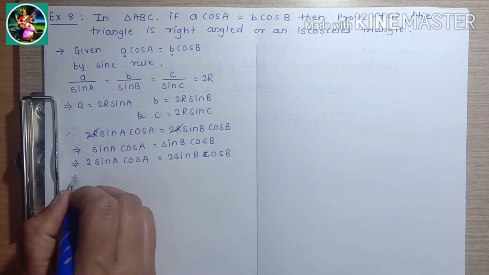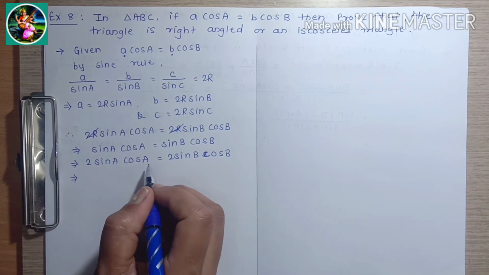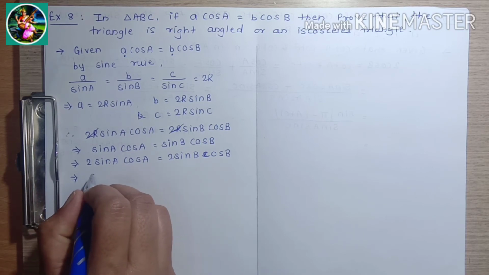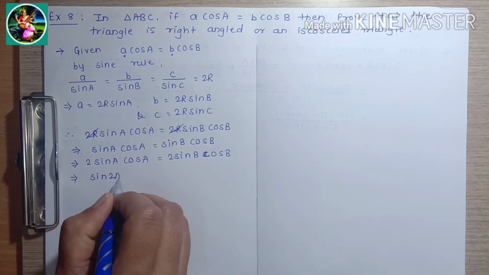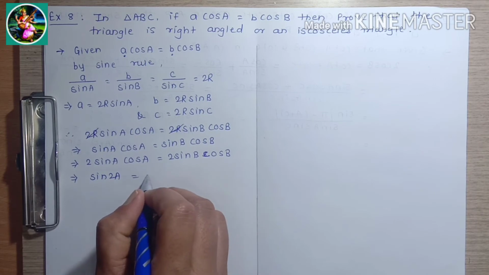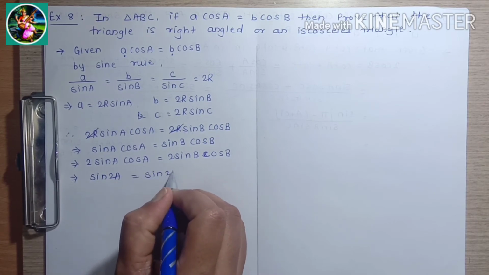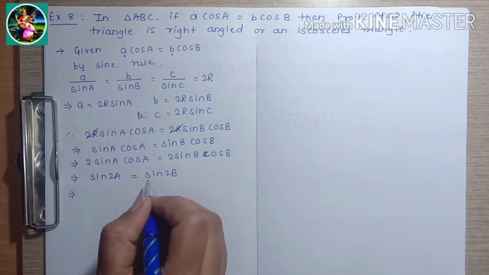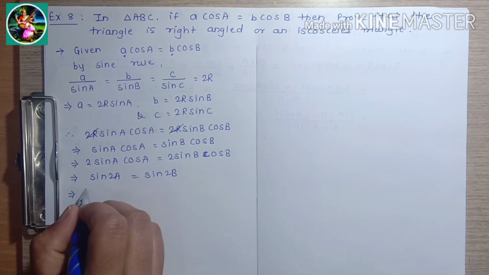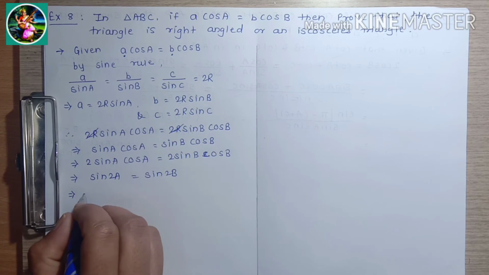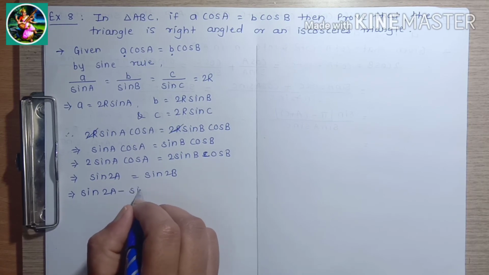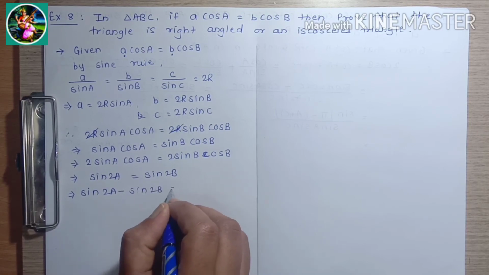And we know that 2 sin theta cos theta is sin of 2 theta. Therefore the left hand side becomes sin of 2A and the right hand side becomes sin of 2B. If we bring this to the left hand side, it becomes minus. Therefore here we get sin of 2A minus sin of 2B is equal to 0.